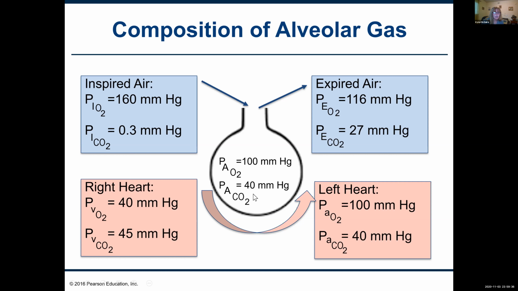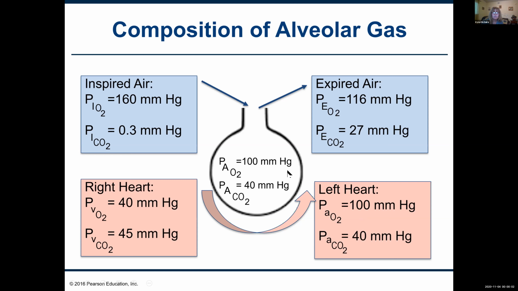Now from alveoli, oxygen moves to the blood and makes it oxygenated. So from the lungs in the pulmonary circulation, we move to the left atrium and then the left ventricle.